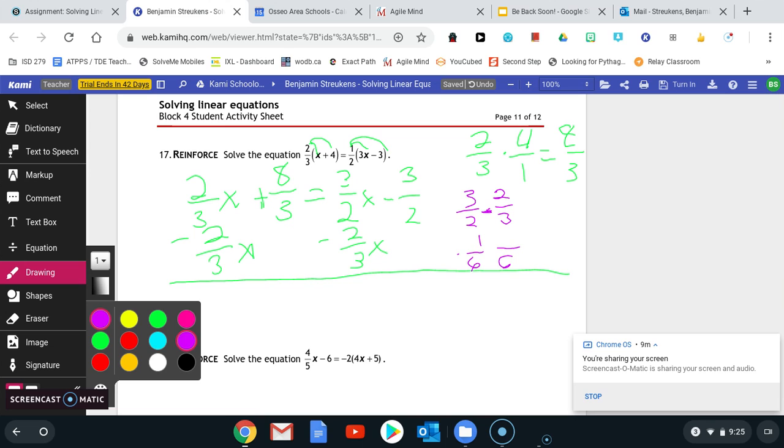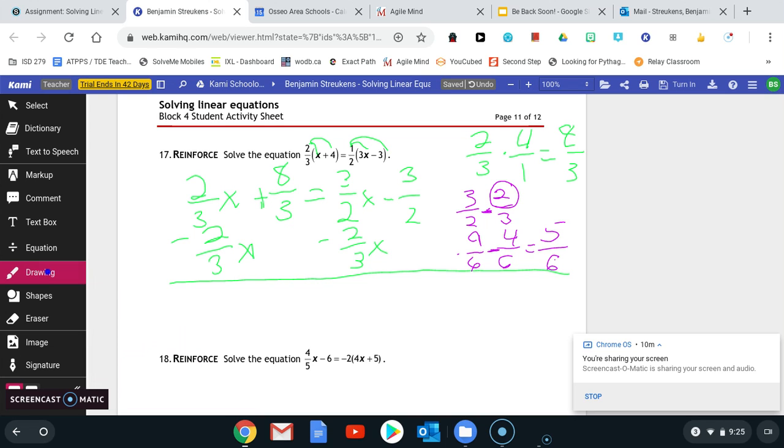So I'm going to have 9/6 minus, now I multiplied the 3 by 2 to get to 6, so I'm going to multiply this 2 by 2 to get to 4. So 9 minus 4 becomes 5. 5/6. Then this would become 5 over 6x.